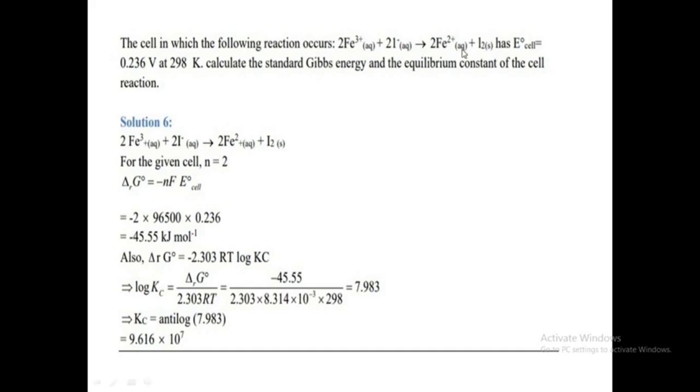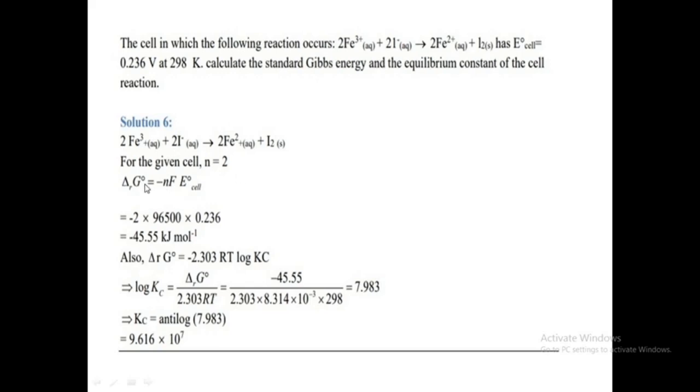So the difference is 2. Okay, 6 minus 4, 2 electrons. Similarly, when we consider the iodide ion, 2 into minus 1, and in case of iodine the charge is 0, therefore 2 minus 0, 2. So in the reaction, the number of moles of electrons participating is 2.